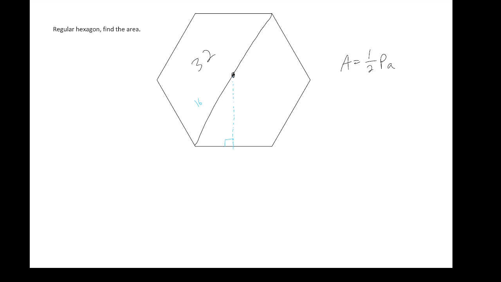Well, if this is a hexagon, all the interior angle measurements are 120, right? If I go through 180 times n minus 2 over n, so 6 minus 2, 4, times 180 divided by n, it'll give me 120.